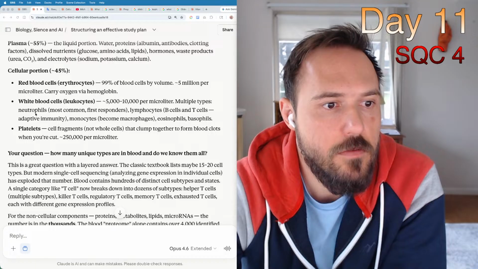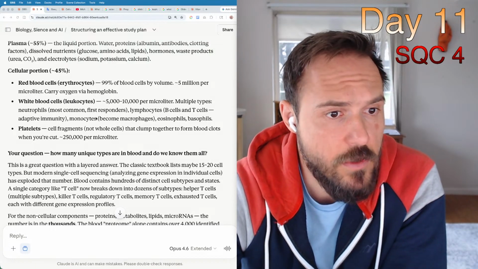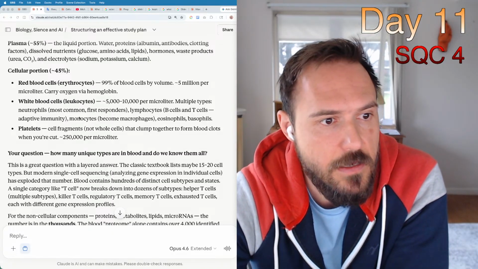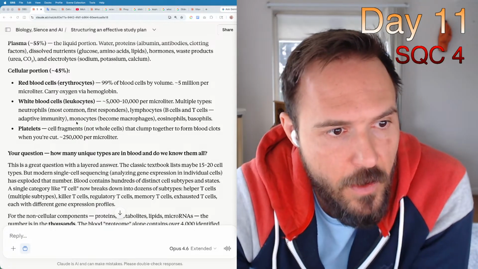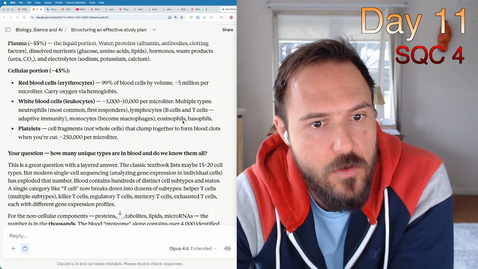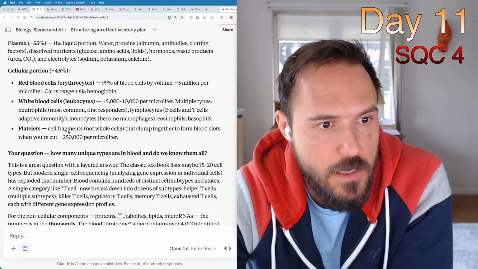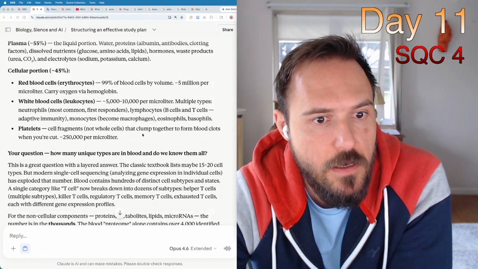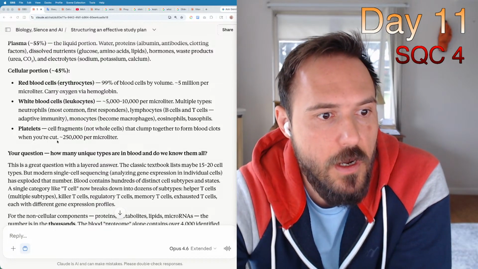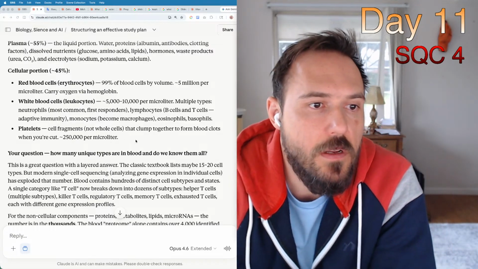Multiple types, neutrophils, most common first responder. Lymphocytes, B cells and T cells, adaptive immunity. Monocytes become macrophages, eosinophils, basophils. Platelets, cell fragments, not whole cells, that clump together to form blood clots when you are cut. 250,000 per microliter.